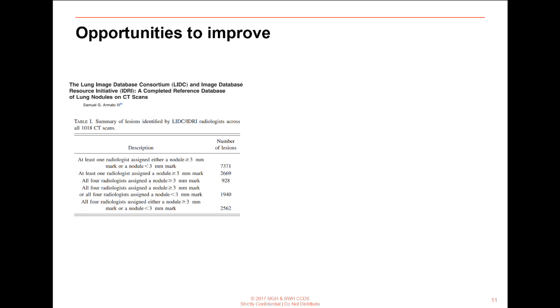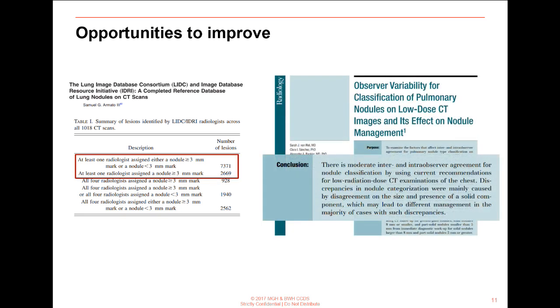So in studies that have evaluated interoperator variability, we see a pretty significant amount of interoperator variability within classification, specifically features and sizes of nodules. And this turns out to have implications for management. So we see that there's an opportunity to improve in the way that we evaluate nodules.